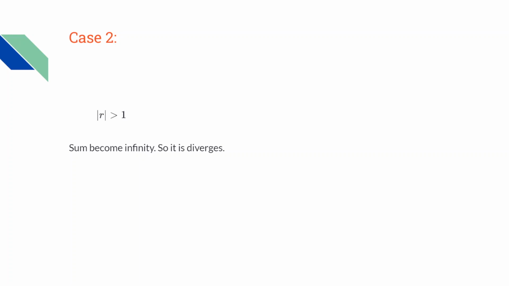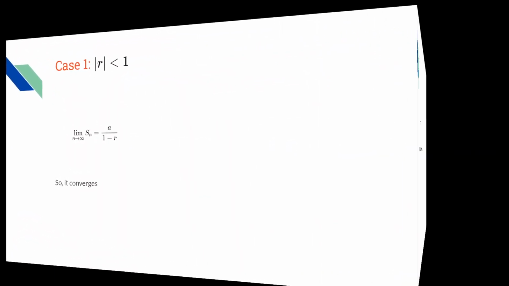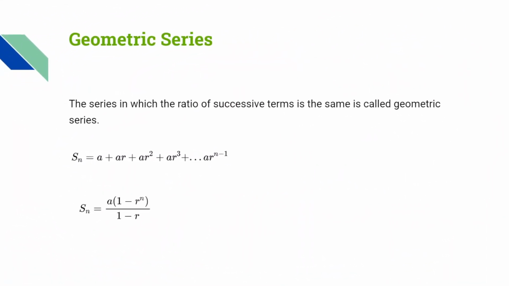And case 3 is also very important: if r is equal to minus 1, then what will happen? For the first term, it is a, but for the second term, if r is equal to minus 1, then it is minus a.